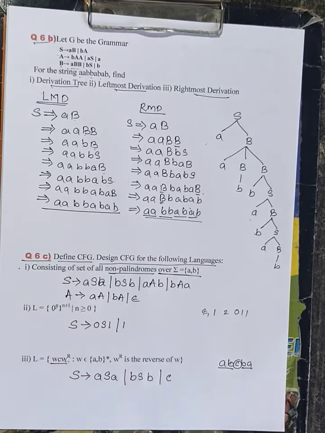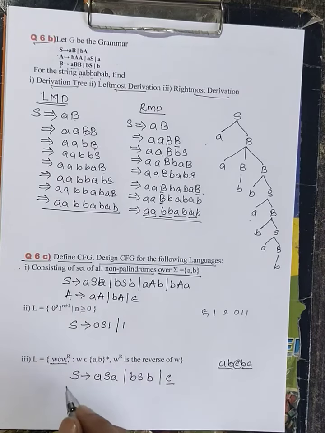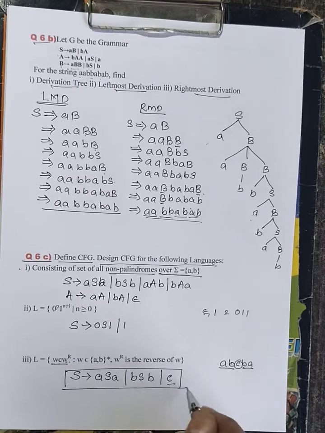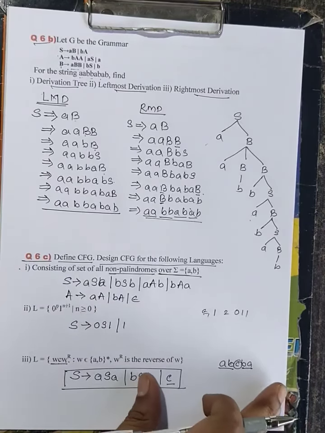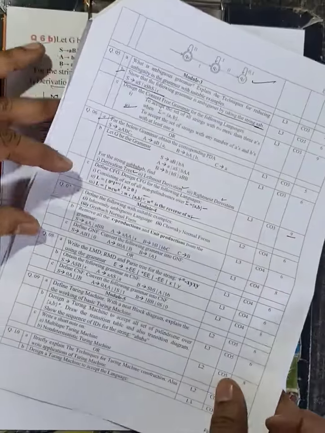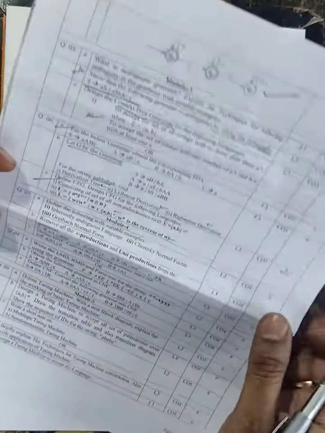Finally, this can terminate using intermediate symbol C. This is the grammar for W C WR. This is question number 6C.